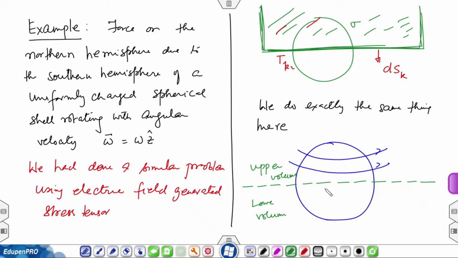So, if I calculate the force on this box, which will arise due to the stress T_ki on this surface, which has this dS_k, and calculate the total force, that will give me the force on the upper volume, and that force is applied only on the northern hemisphere. So, that will give me the force on the northern hemisphere. So, let us do that calculation.